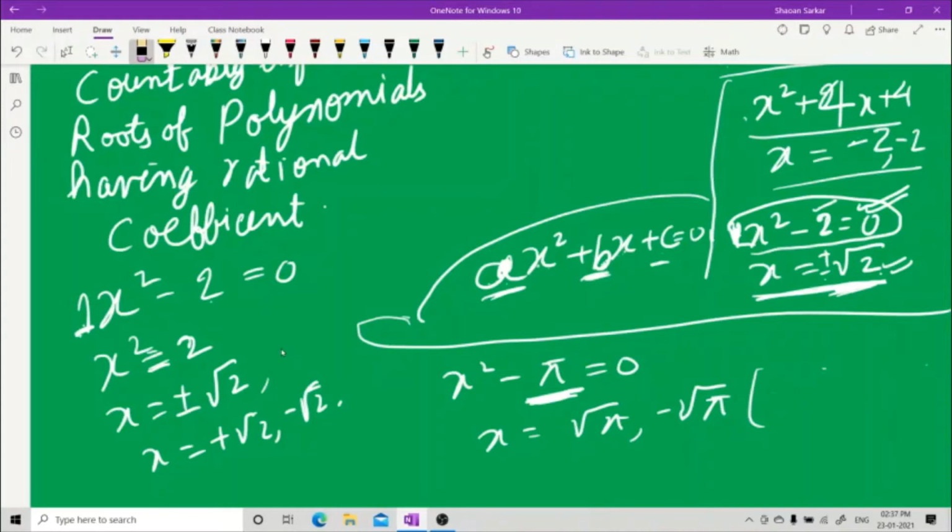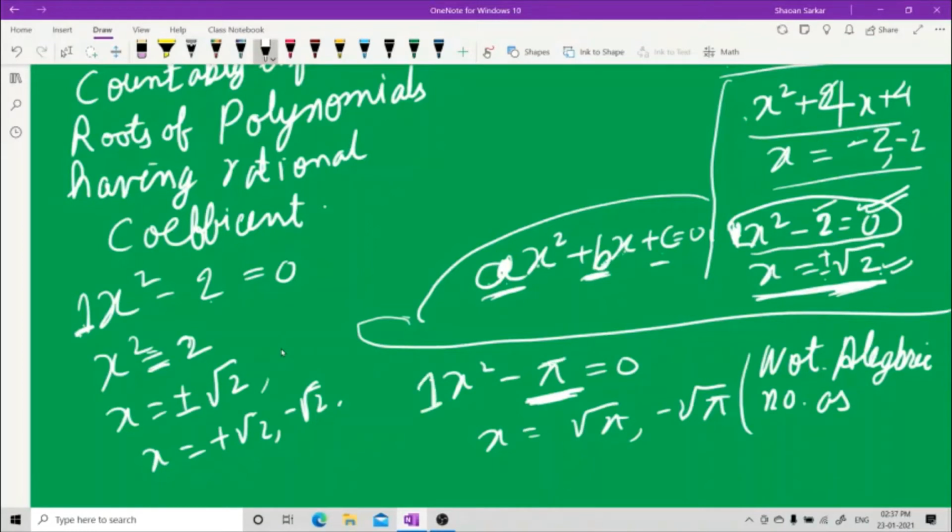Not algebraic number, as all the terms here, this is rational, but this is not rational.